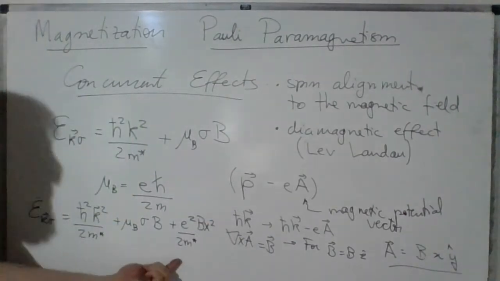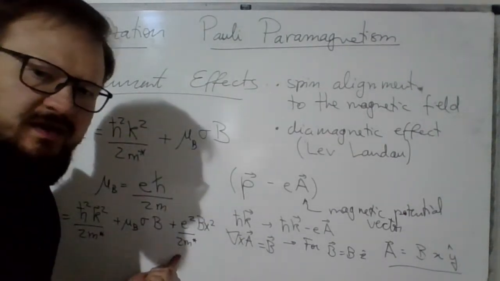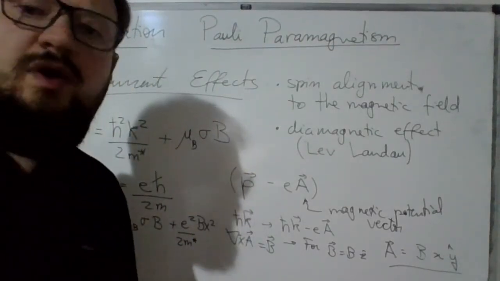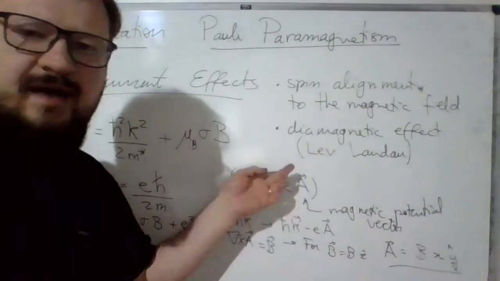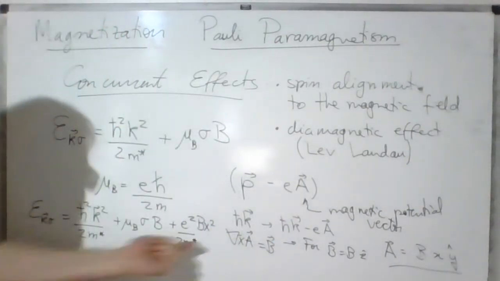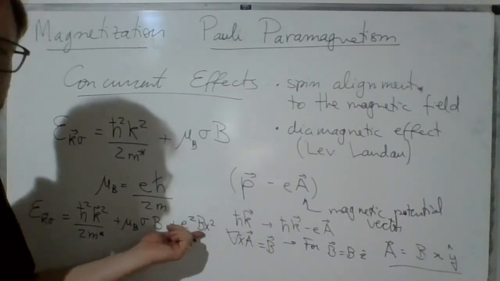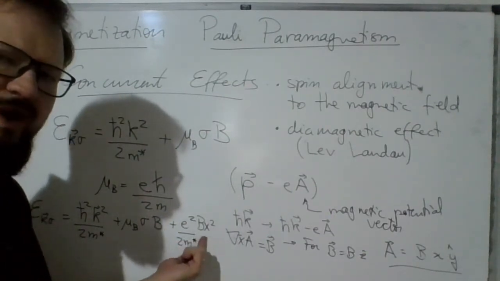You have a potential energy which resembles the potential energy of a harmonic oscillator. And Lev Landau solved for the quantization of the orbits with respect to this x squared here.